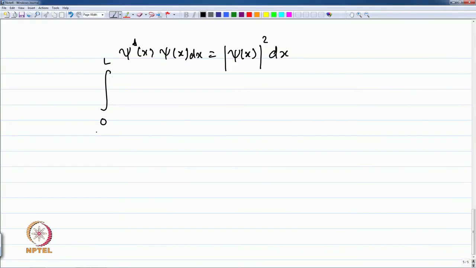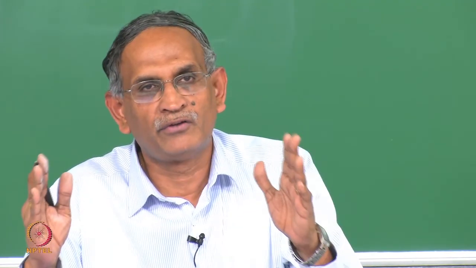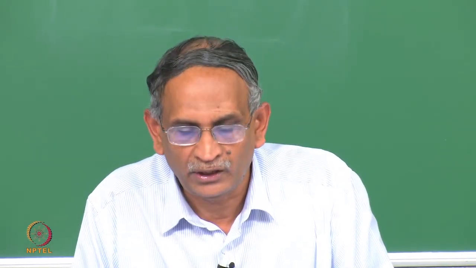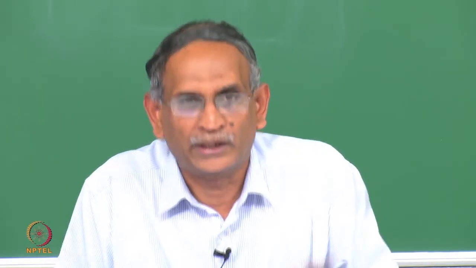Therefore, if you integrate the total probabilities, this being a continuous function, you have the integral from 0 to L of psi x squared dx. That probability has to add to 1 because we have made sure that the potentials are infinite in our model. Therefore, the particle cannot be found outside of that region. Therefore, the probability that the particle stays inside the box is 1.